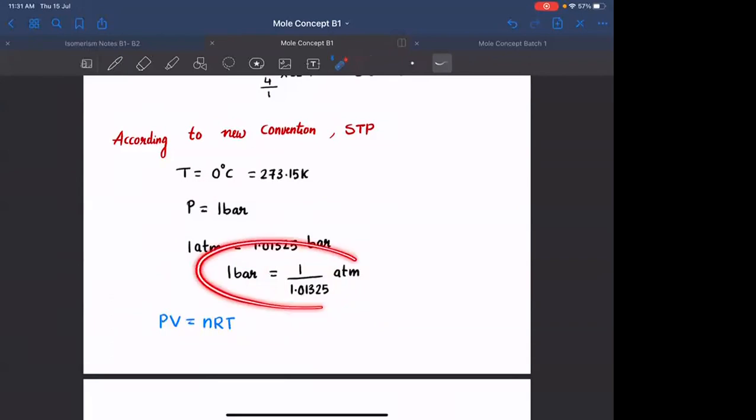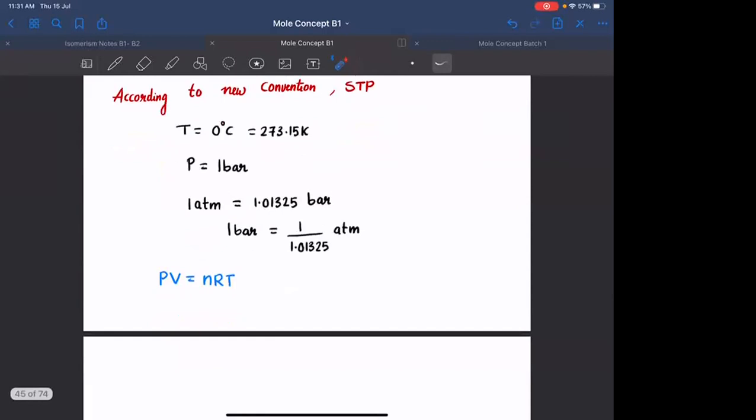Based on this condition, calculate the volume occupied by 1 mole of gas at the new convention, using the pressure as 1 bar.